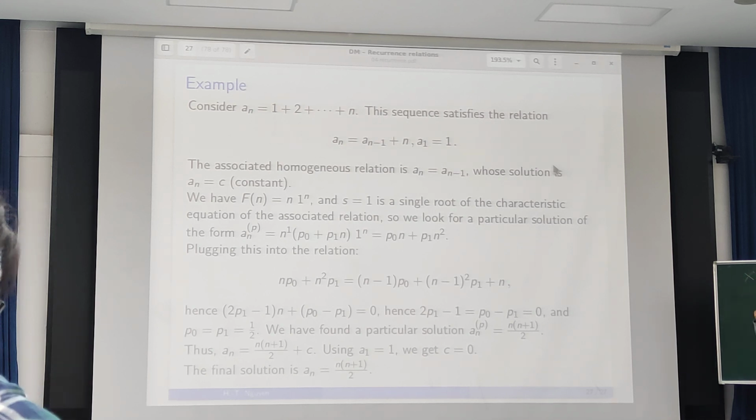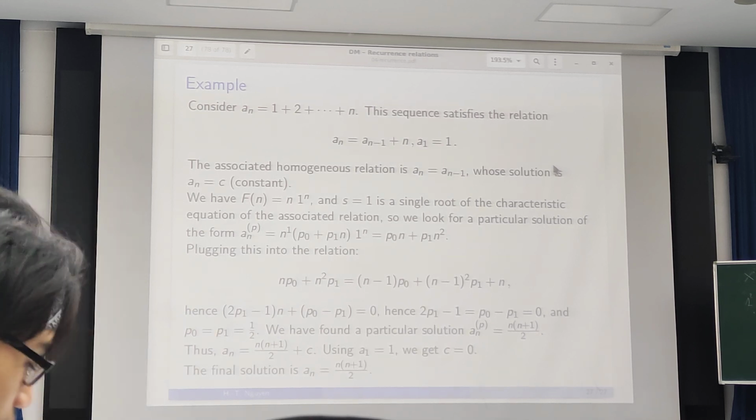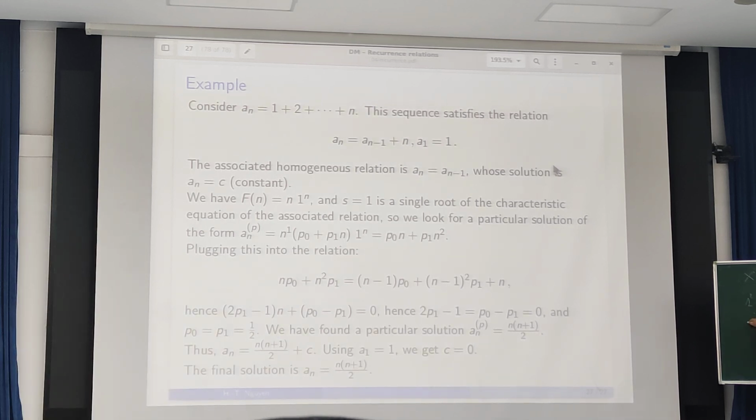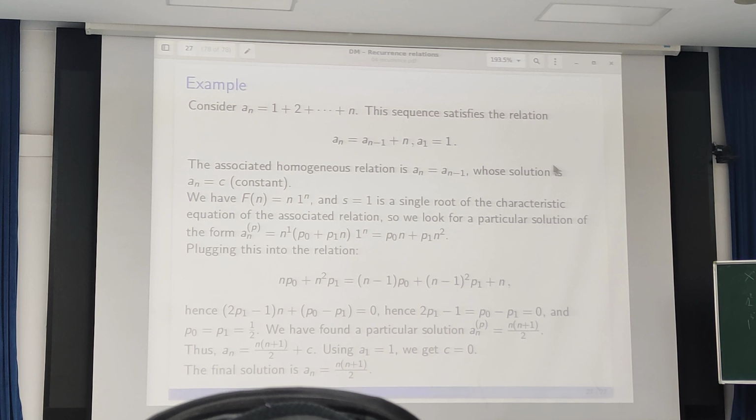Okay? So of course you can use the similar technique to find, for example, a formula for the sum 1 plus 2 squared plus 3 squared and so on. Okay? Or 1 cubed plus 2 cubed plus 3 cubed and so on.